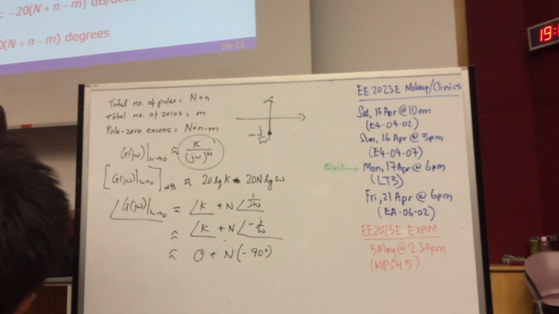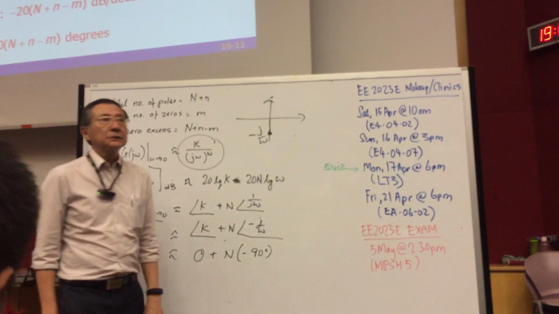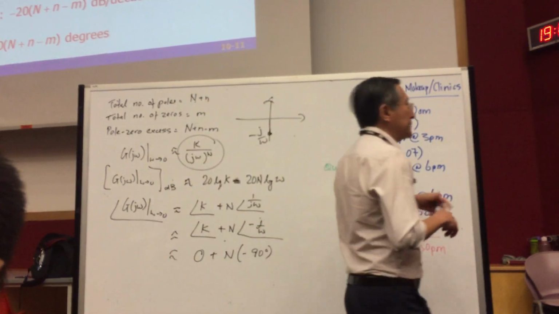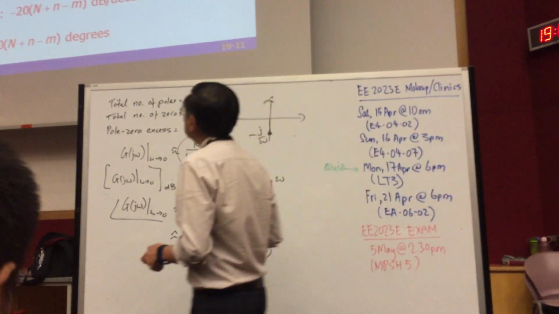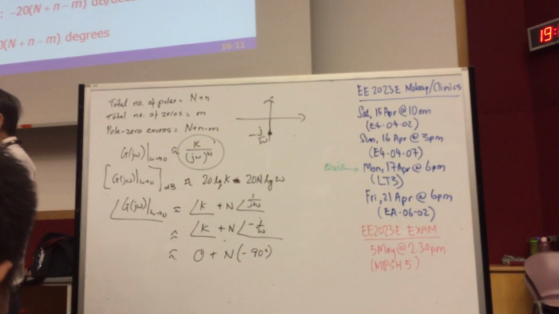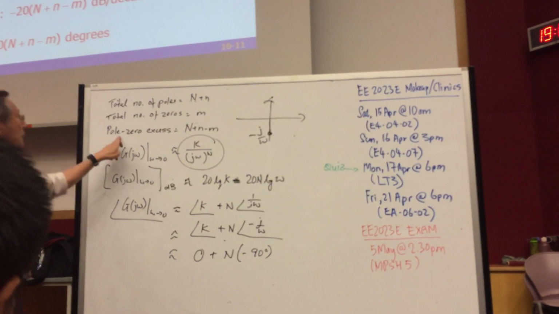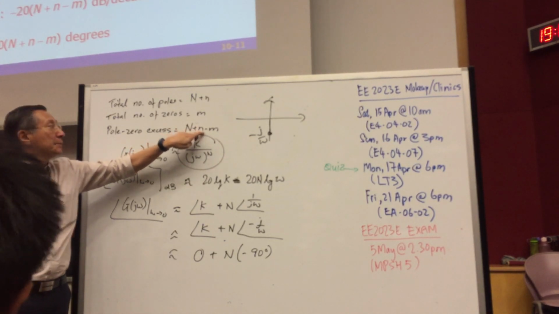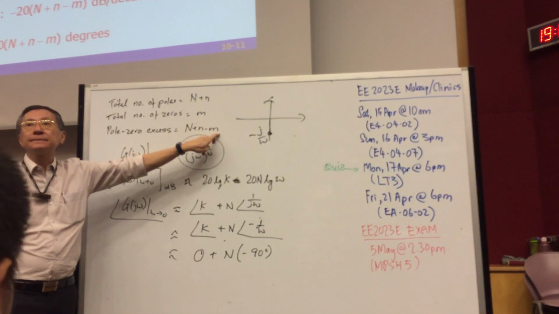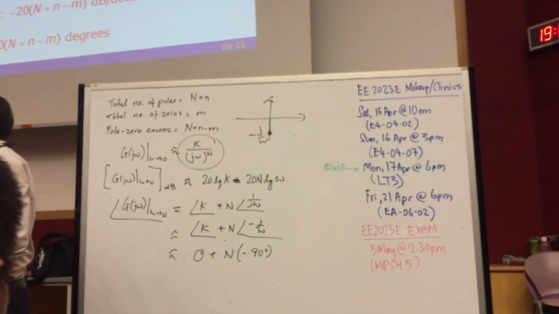So you have k times Ta, Tb, Tc up to Tm in the numerator. And in the denominator, you have T1 up to Tn, and then the remaining j omega terms, based on the difference of these two: the denominator terms minus the numerator terms. So you get this expression.